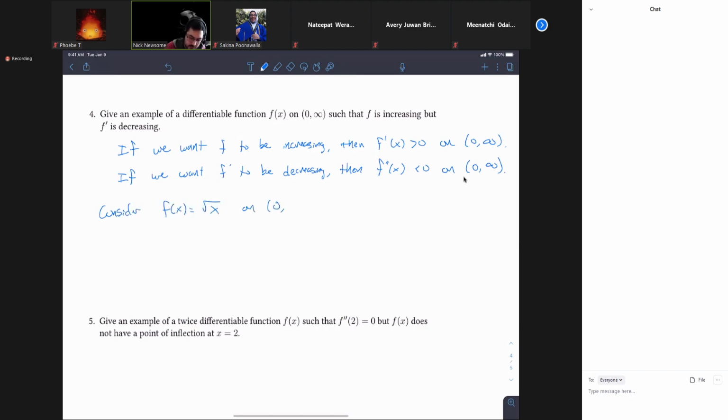And there are many functions that will do this. One of them is the square root function. All right, square root function on 0 to infinity. Certainly defined, I can take the square root of positive numbers.